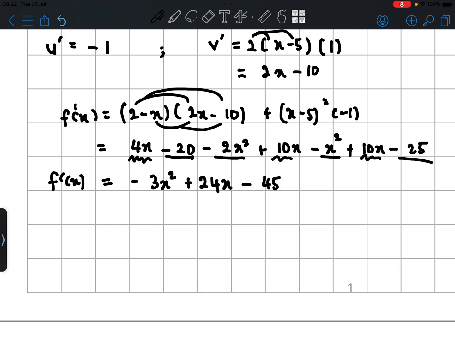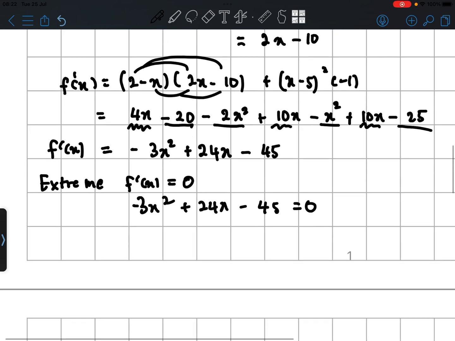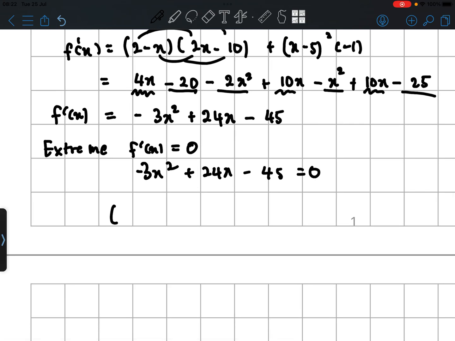Then we need to find the extreme. Extreme occurs when f prime of x is 0, which means that the whole expression here is 0. Minus 3x squared plus 24x minus 45 is 0. So you use your calculator, you will get (x minus 3)(x minus 5) is 0.